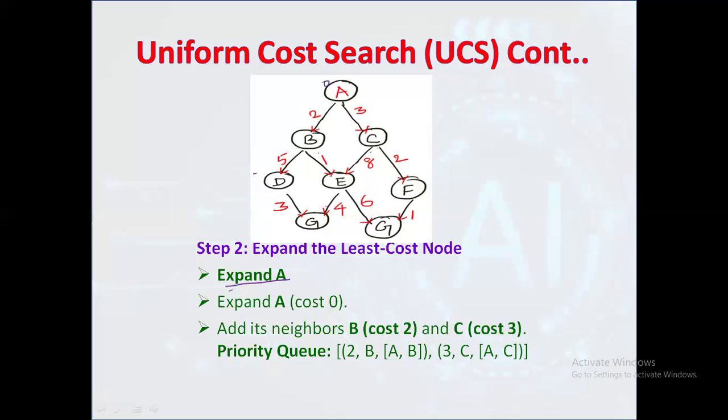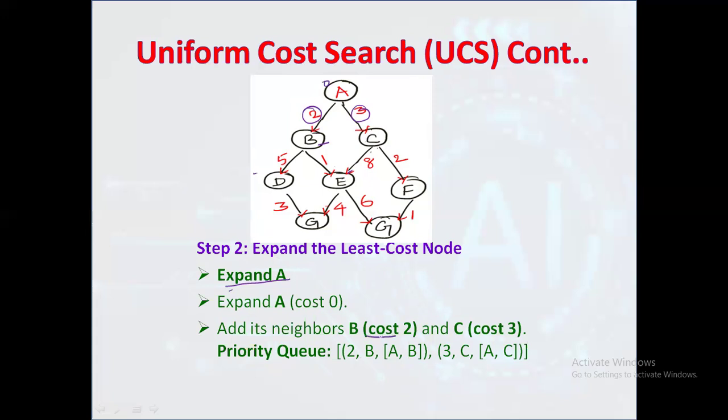What are all the neighbors? B and C, with B at cost 2 and C at cost 3. These nodes are added to the priority queue with their corresponding costs.